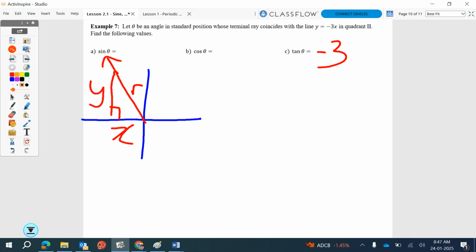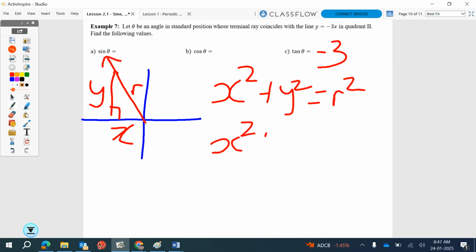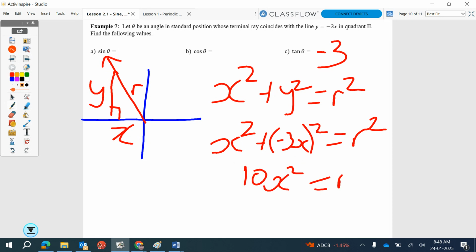So those all relate using the circle's equation, which is x squared plus y squared equals r squared, which will give us x squared plus negative 3x squared equals r squared. So 9x squared, that will give us a total of 10x squared equals r squared.